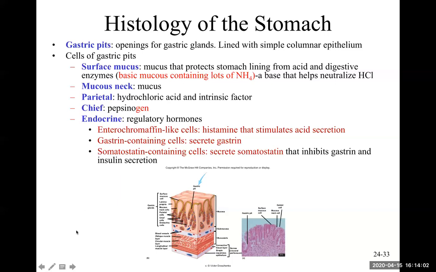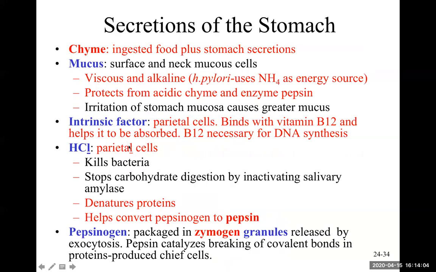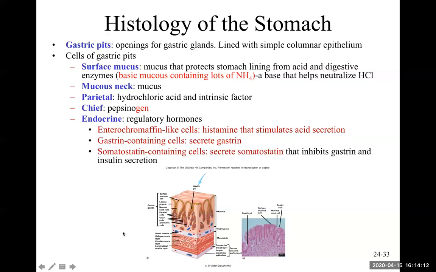Now, one more thing about the mucus. The mucus here is slightly basic. It's alkaline. That's important because we have this mucus produced by these cells that are covering the lining of the stomach. And now that mucus is full of base, and it protects the lining of the stomach from the hydrochloric acid we're going to produce by those parietal cells.